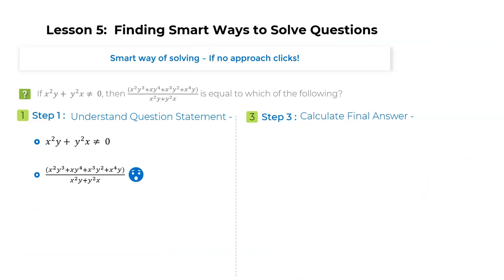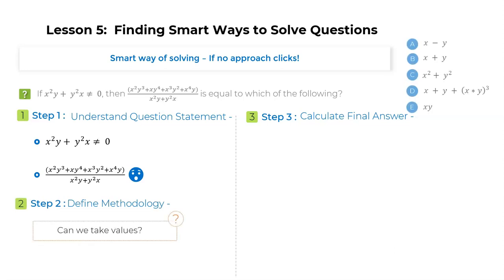Okay, if nothing clicks and you're still wondering what to do, then you need to ask yourself, okay, can I take values and solve the question? I have these options with me, and I can see there are only two variables, right? So if they have two variables and you know this expression will somehow translate the given expression into this, then you should reason out and be able to infer that, okay, yes, I can take values.